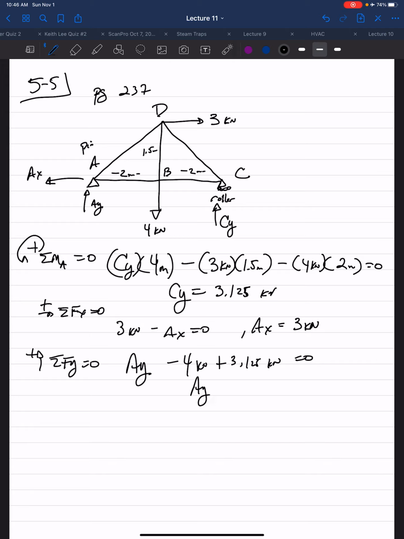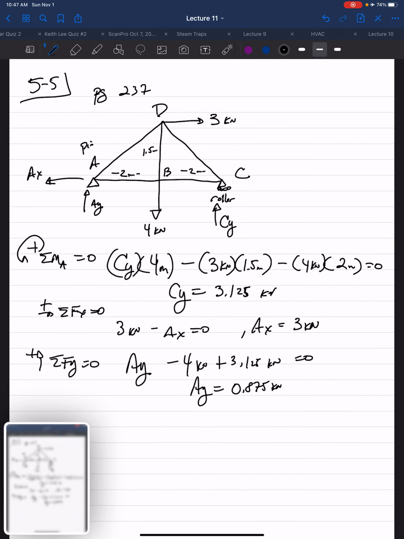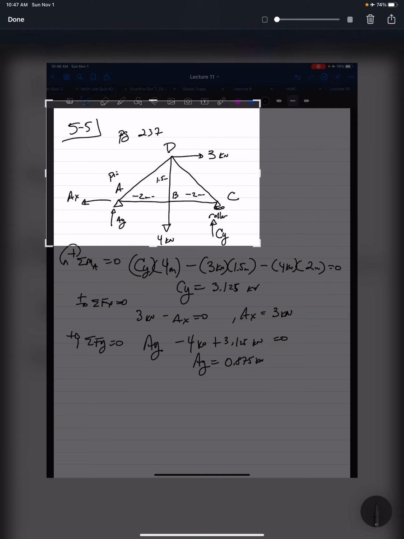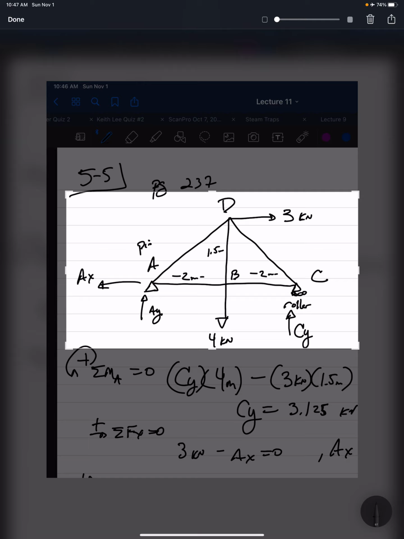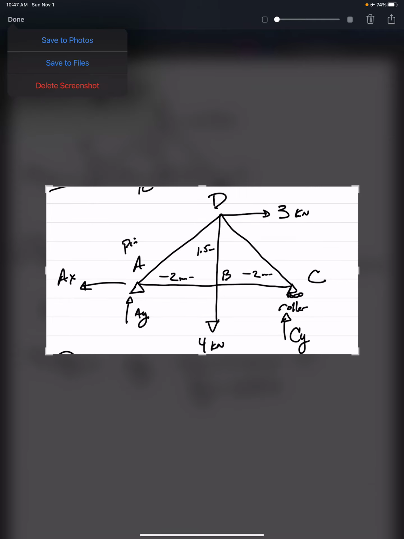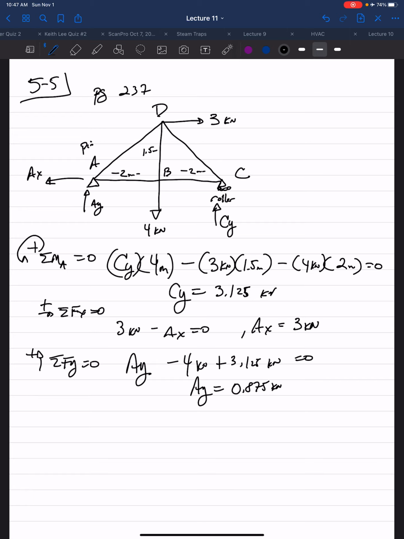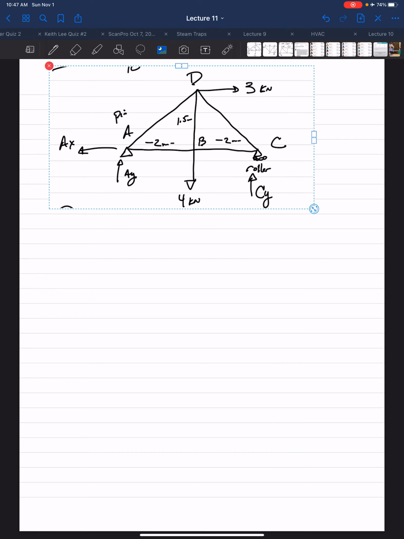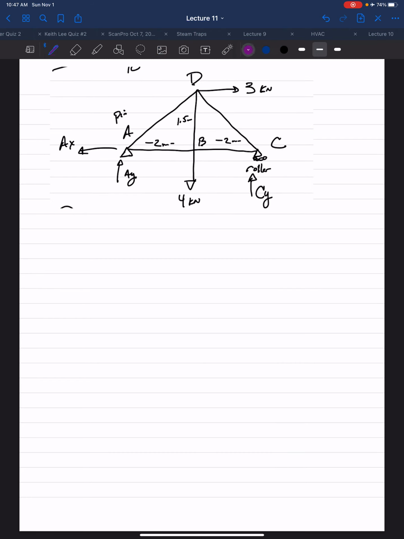You get AY equals 0.875 kilonewtons. Okay, so I know my support reactions now.